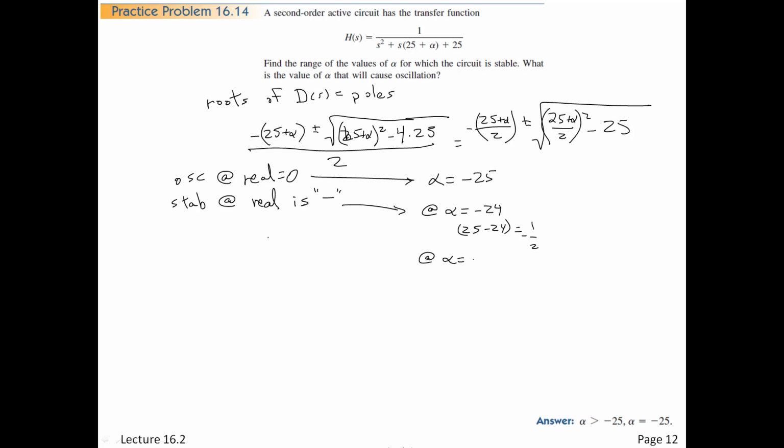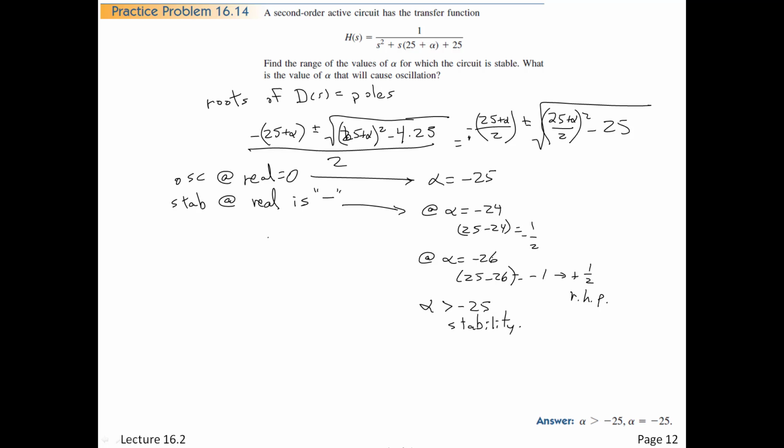At alpha equals minus 26, we would have 25 minus 26, which is minus 1. But this is preceded by a minus sign, so this will end up a plus 1/2, and that will be in the right-hand plane. So we're going to say that this is what causes instability. Alpha needs to be greater than minus 25 for stability.